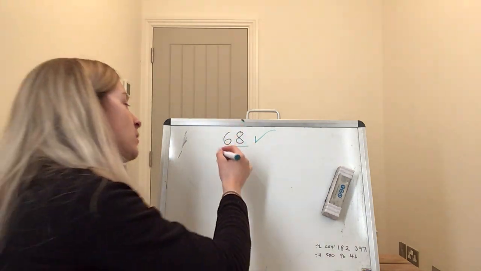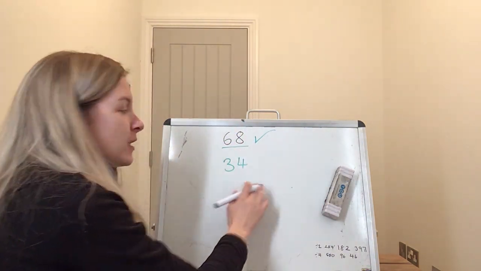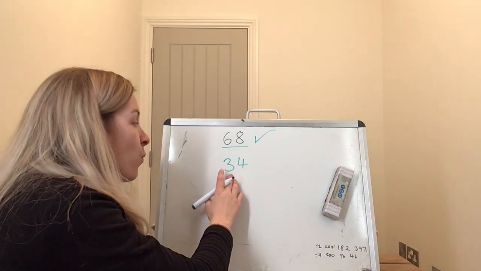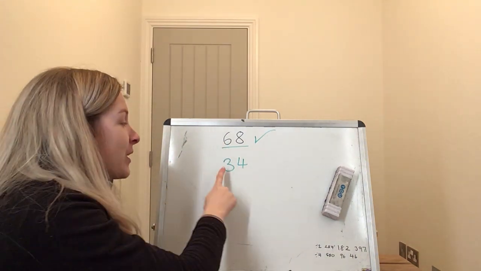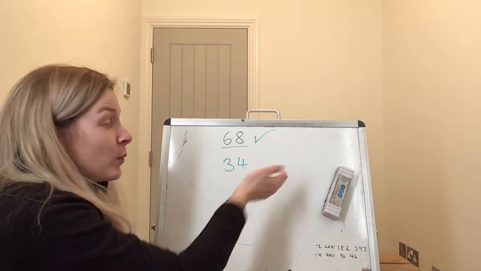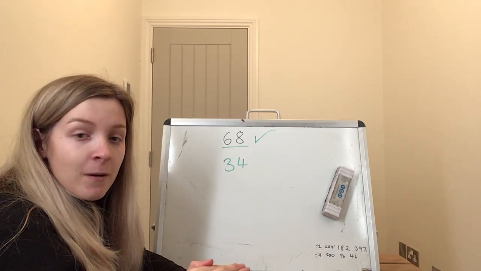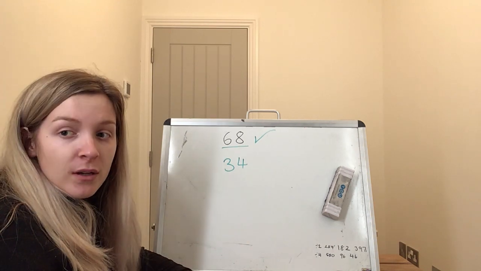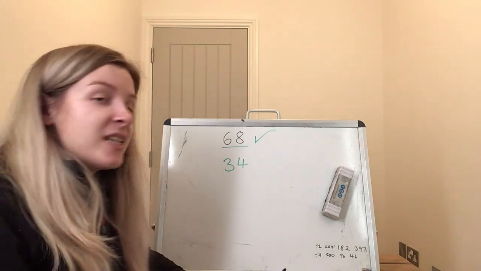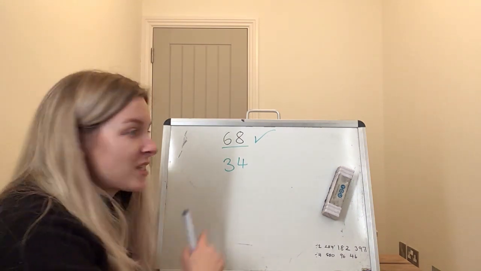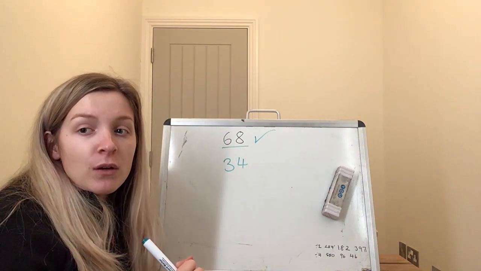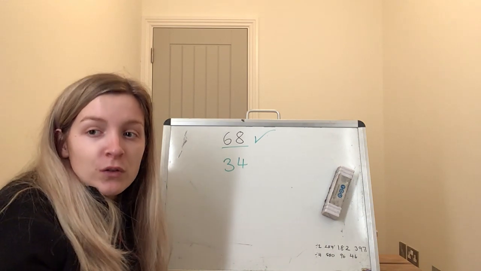So, looking at this one, when we halved it, we got 34. We know 68 is divisible by 4 because 34 is an even number, and we can half it again to get our answer, okay? But today is not about necessarily getting the answer, it's about deciding whether these numbers I give you are divisible by 4 or not.